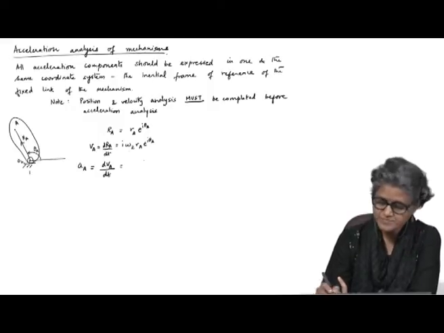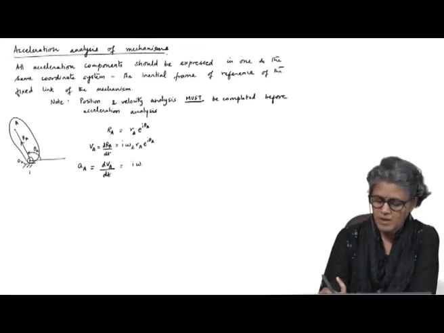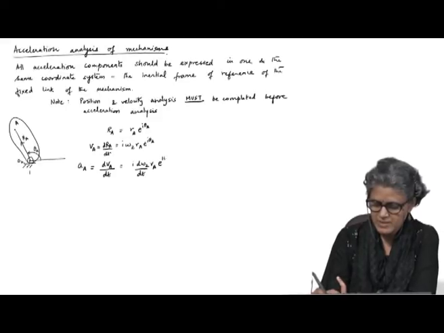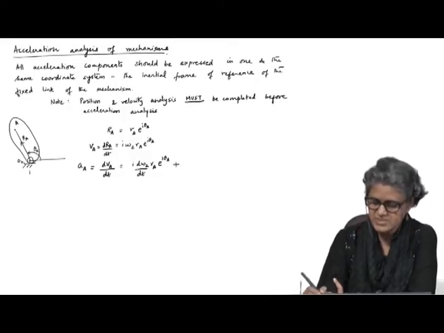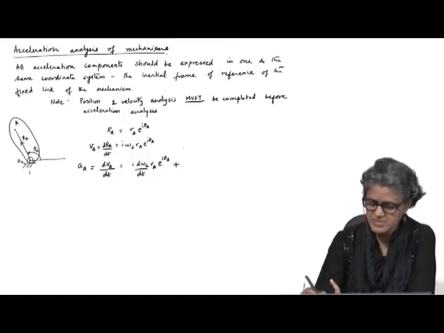I get i d omega_2 by dt R_A e^(i theta_A), plus I also have this term here: i omega_2 R_A d of e^(i theta_A) by dt.